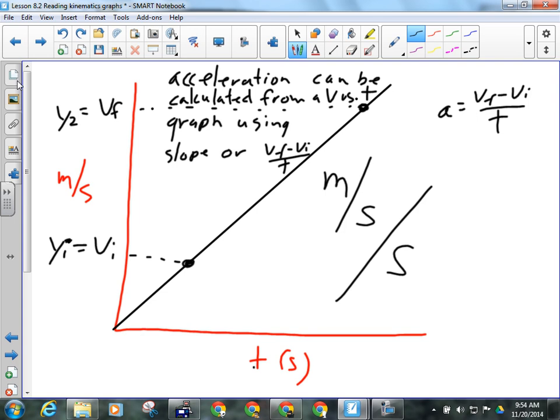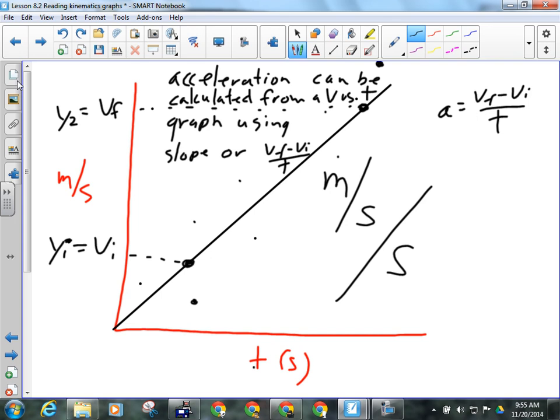And that vf and vi, do they need to be on the line for that to be true? They do. Sometimes you'll get a graph and it'll have a chart beside it and it'll show a bunch of these points, and your final velocity might be way up there, and your initial velocity could be this number over here. Well, those aren't on the line. There's a difference there.